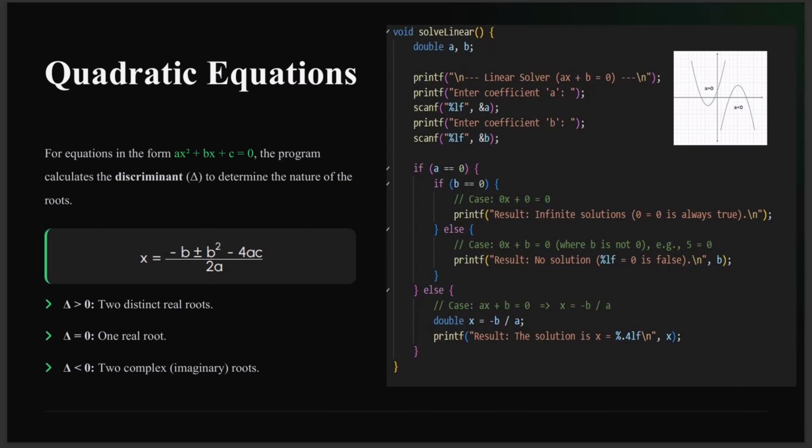The quadratic root is x equals minus b plus minus square root of b square minus 4ac, divided by 2a. If the discriminant is greater than 0, we obtain two distinct real roots. If discriminant d is equal to 0, then one real root, and if less than 0, then two complex imaginary roots.